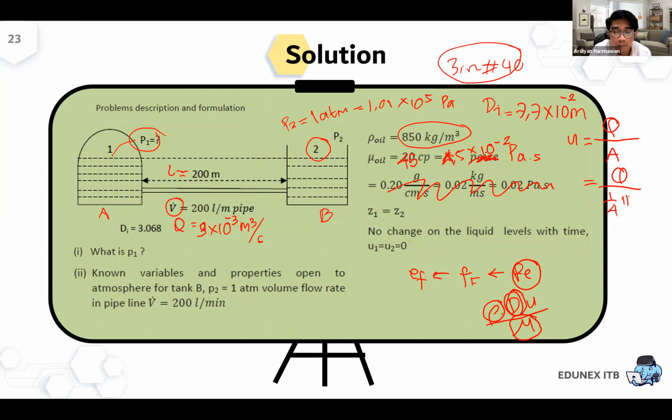Please do the calculation. How much is the velocity? 3 times 10 to the power of minus 3 cubic meters per second, divided by the cross-sectional area. For the cross-sectional area, you are using the diameter 7.7 times 10 to the power of minus 2.